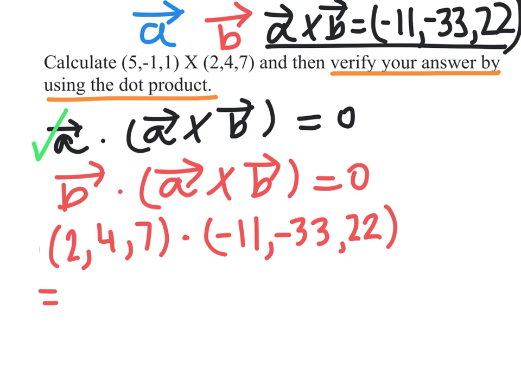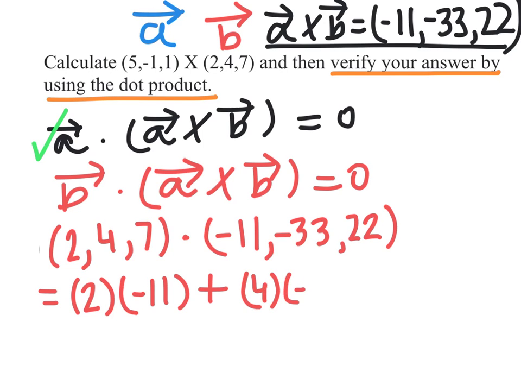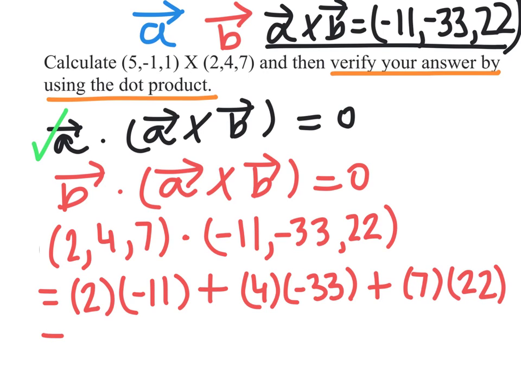Once again, to dot these two vectors, you take the product of their x components, add that to the product of their y components, and then add that to the product of their z components. Plugging that into our calculator, we realize that this is equal to 0. So vector B is perpendicular to vector A cross B, and we also know that this answer is correct.